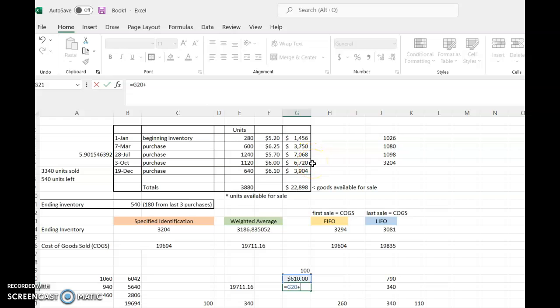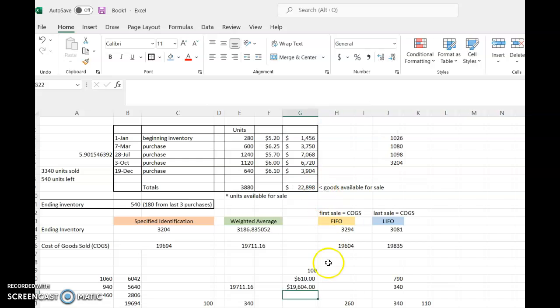So we're going to add the 1456 and we're going to add the 3,750 and the 7,068 and the 6,720, and my thing isn't big enough, but we'll get a cost of goods sold for the first in, first out of $19,604.